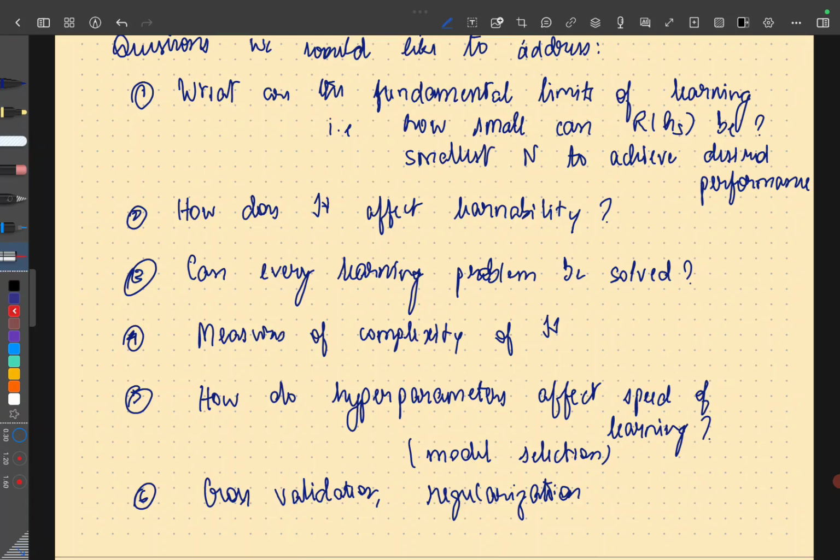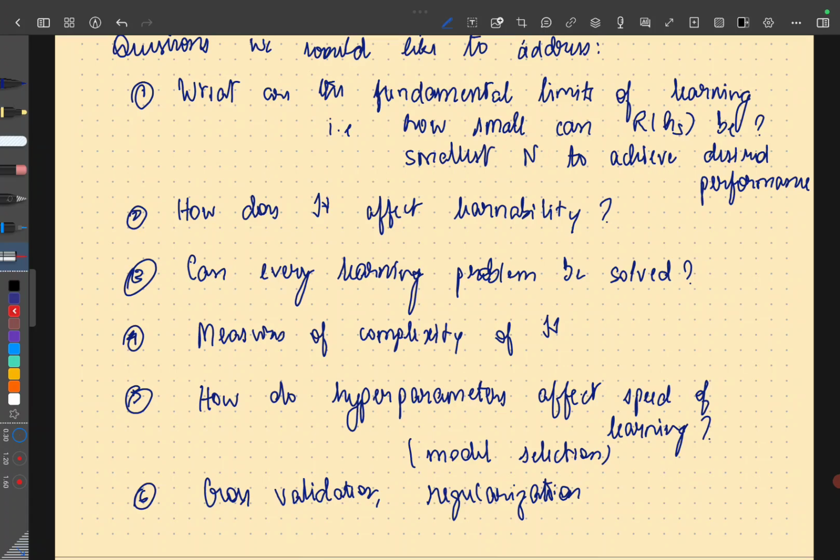After all, in many cases, the amount of data that you have is fairly limited, so it makes sense to conserve the amount of data that we require. A large part of this course will try to address the minimum number of samples, or at least bounds on it, that are required to achieve a target accuracy.